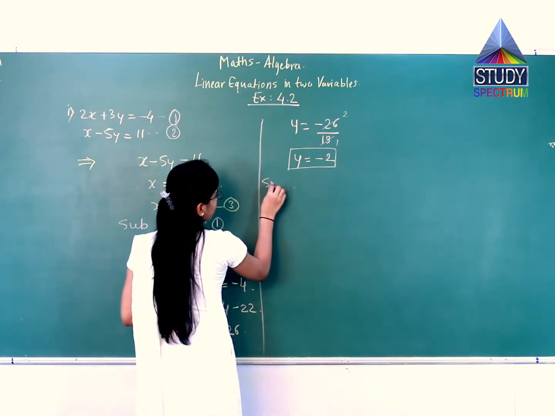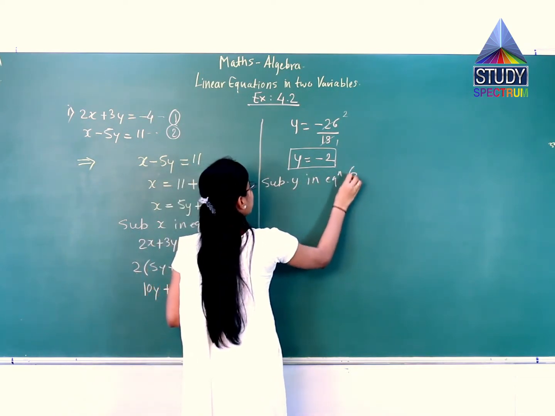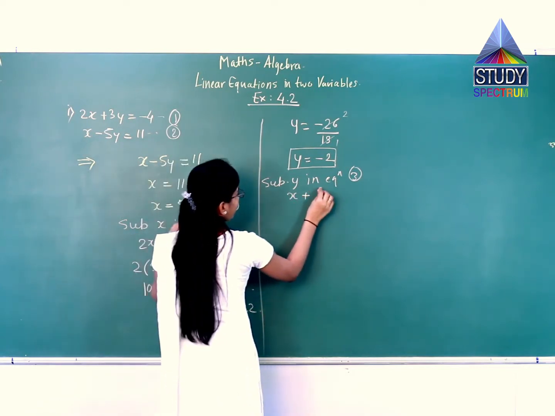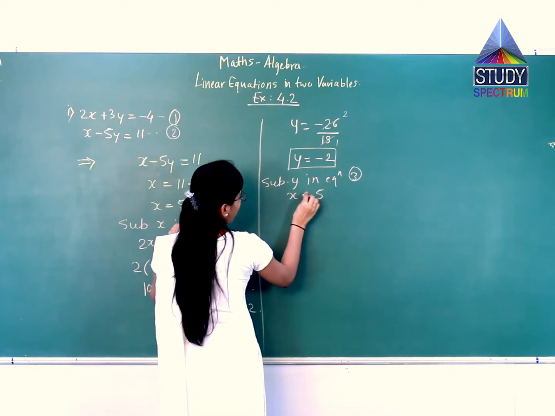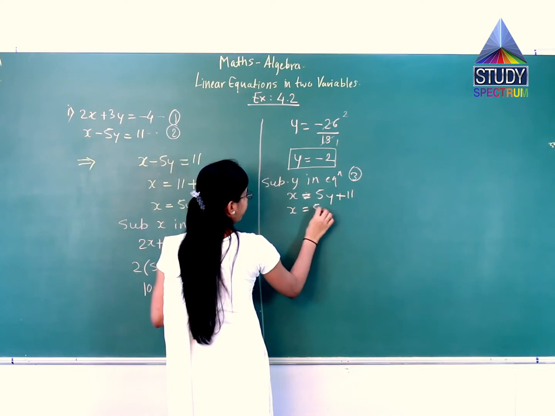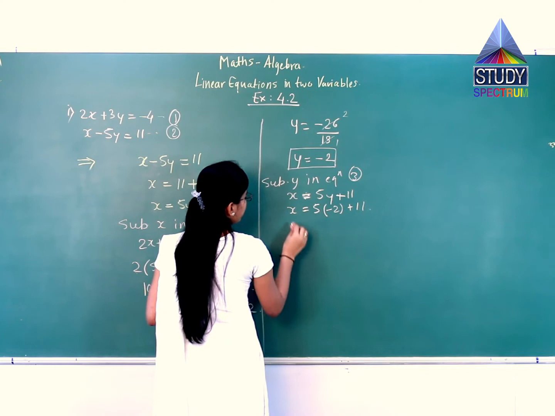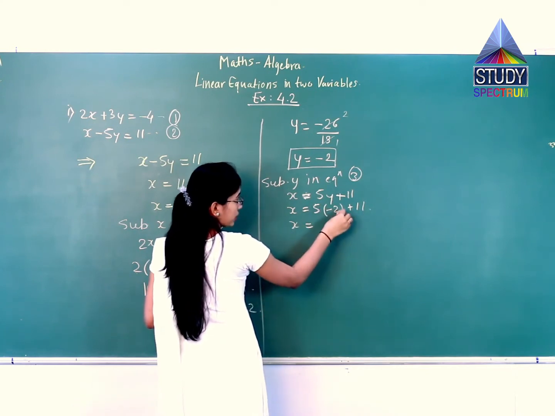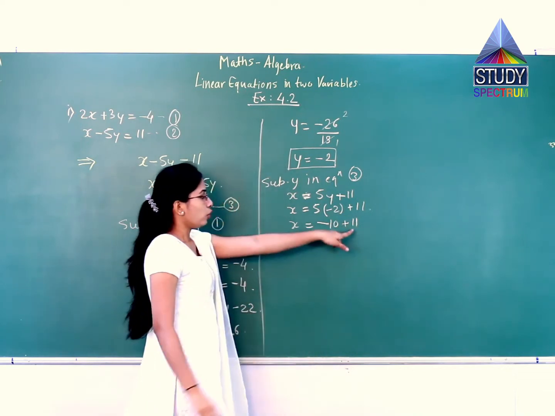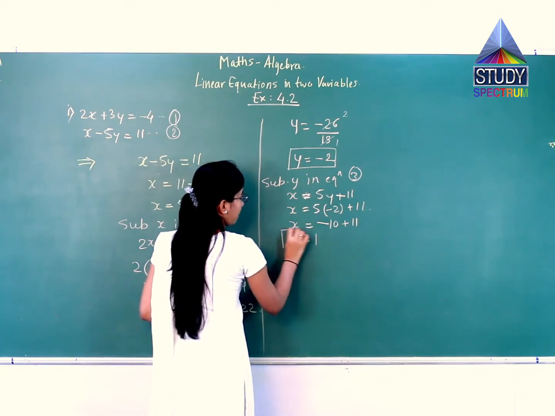So x is equal to 5y plus 11. So x is equal to 5, instead of y minus 2 will be there, plus 11. So x is equal to 5 2s are 10, but minus 10 because 2 is negative. So 11 minus 10. So x is equal to 1.